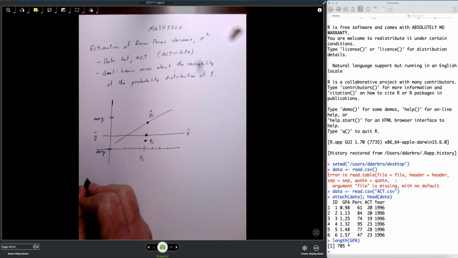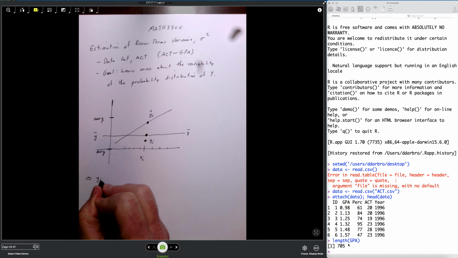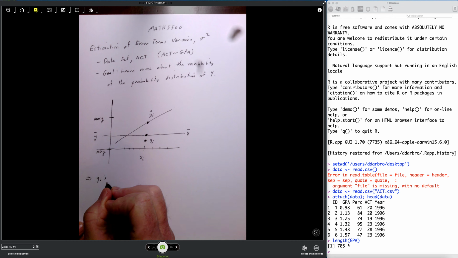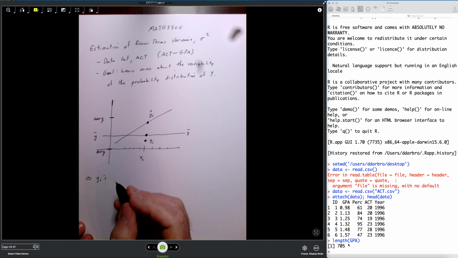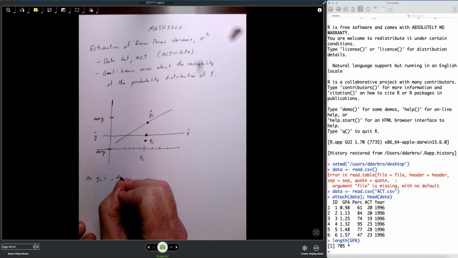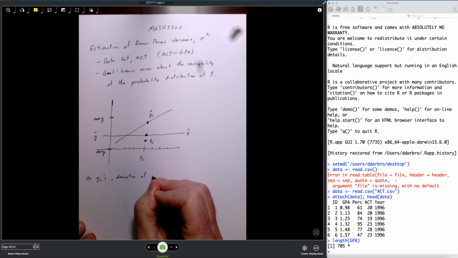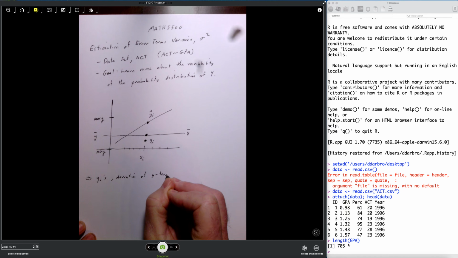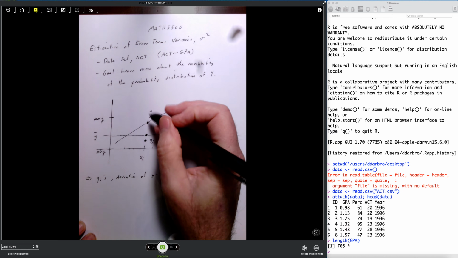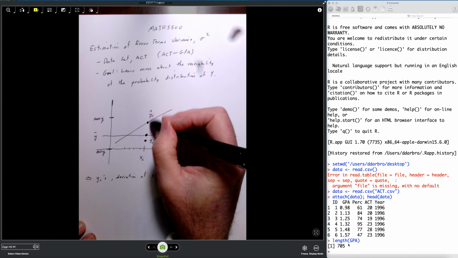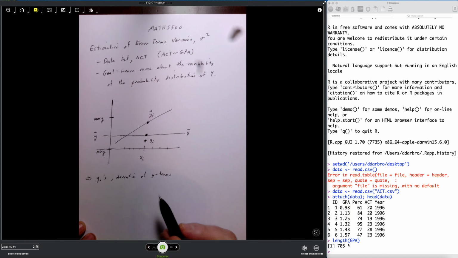So the first thing I want to do is I just want to focus on the y sub i's, okay? And I want to look at the deviation of the y's. Now, not getting to the good stuff yet, not looking at the deviations of the errors. I just want to look at the deviations of the y values.